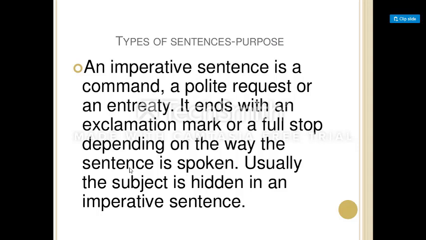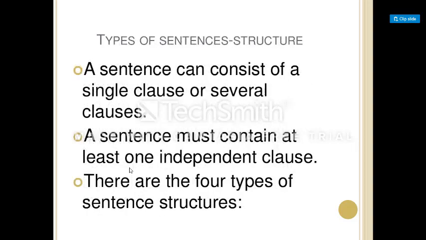Both exclamatory sentences and optative sentences are sentiments actually. But with minute investigation you can come to the subtle differences that exist between the exclamatory sentences and the optative sentences.